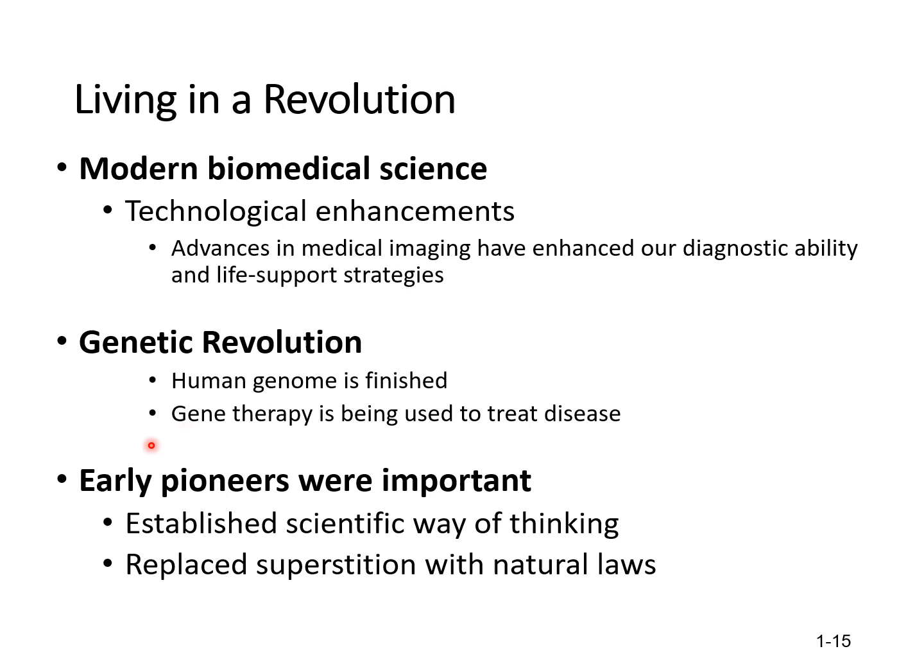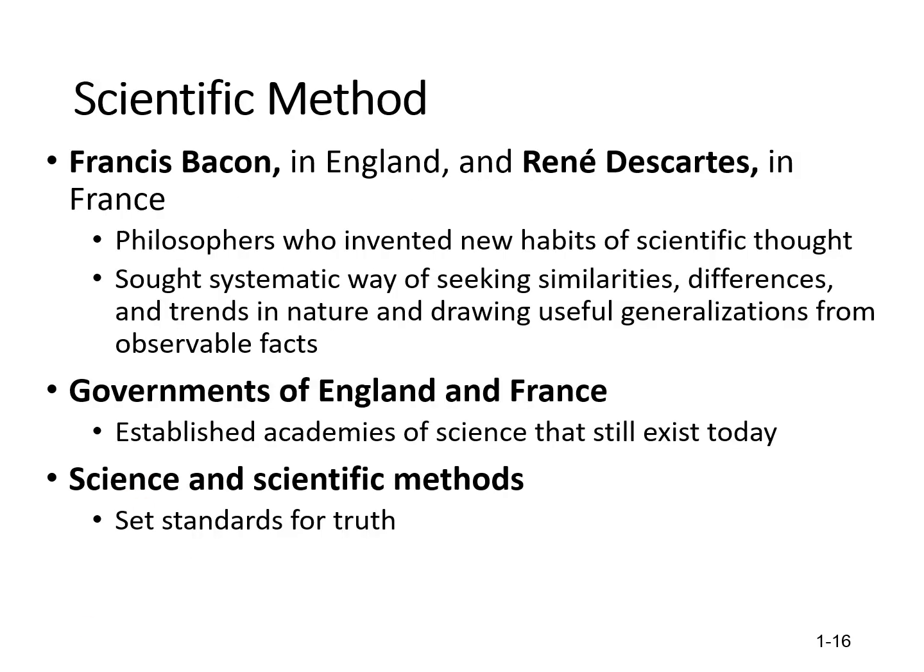And then all of these early pioneers were important because they established a way of thinking. They replaced superstition and religion with actual natural laws. And you're probably thinking, is that important? Yes, because even around the 1800s with Francis Bacon in England and René Descartes in France, you're going to start seeing a lot of French and English scientists, because those two governments started to give money to scientists to research the human condition.